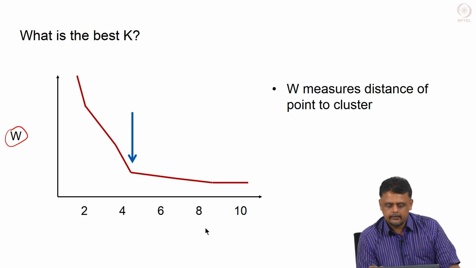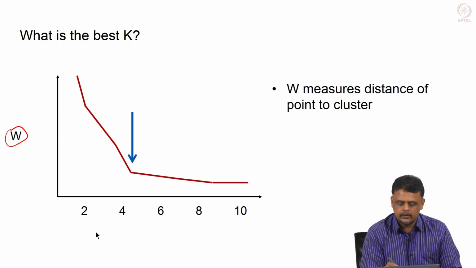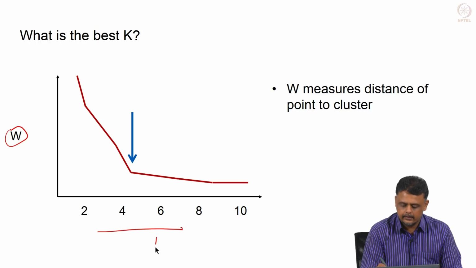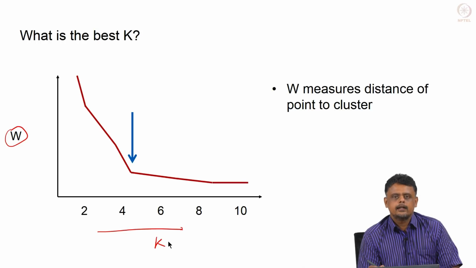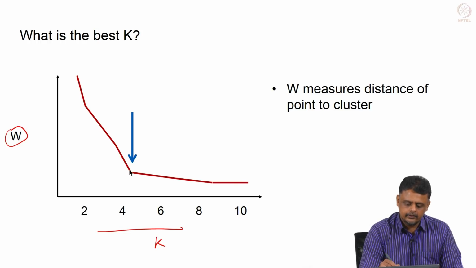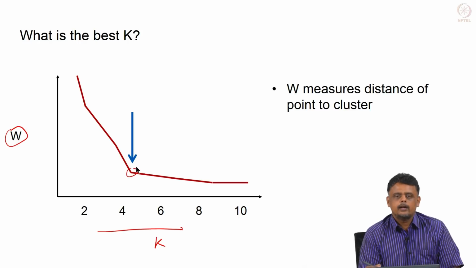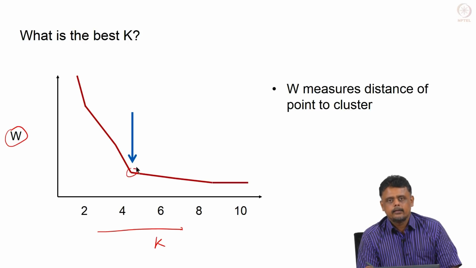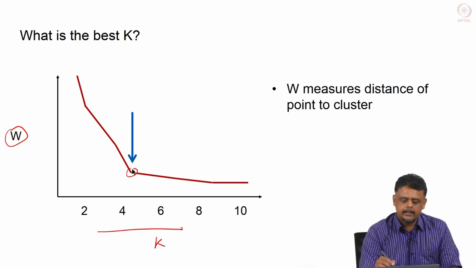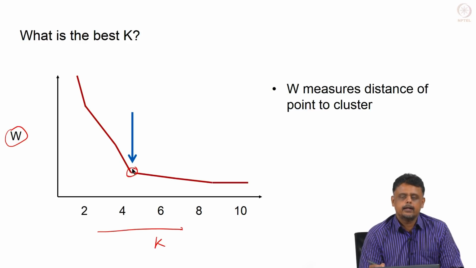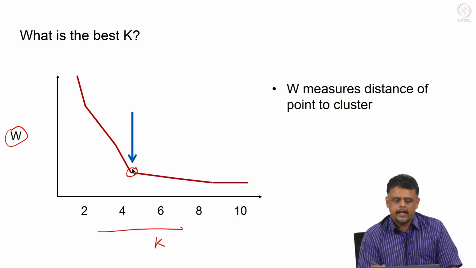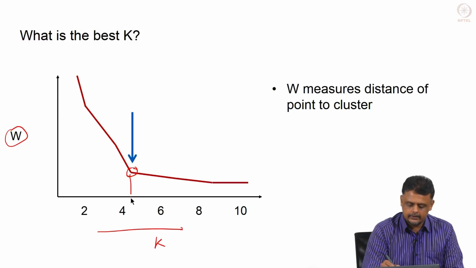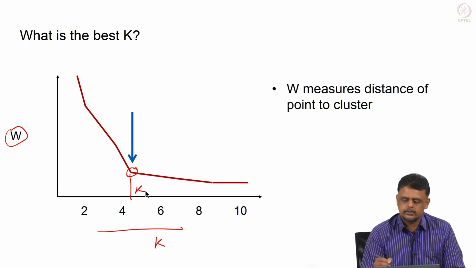We plot that for the final optimized value as a function of k, here this is k, right. And then typically you can notice this knee, wherein beyond a point the W value decreases, but not as much. So, you will have a knee in your plot, this inflection point, and we choose the k corresponding to that inflection point.